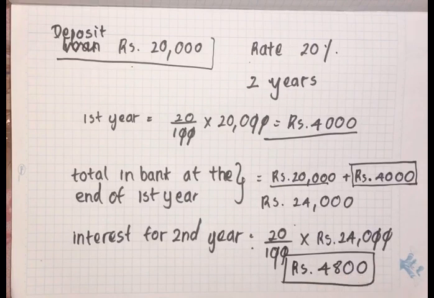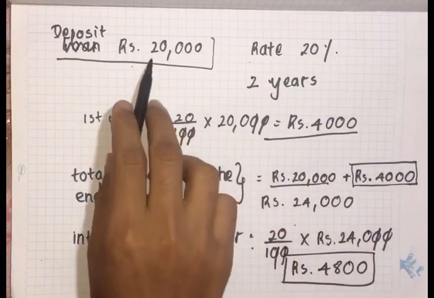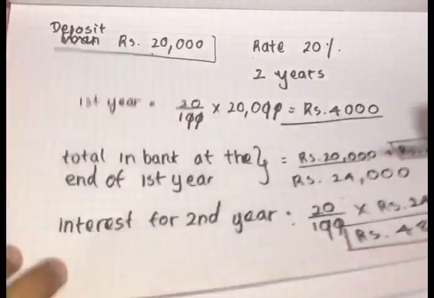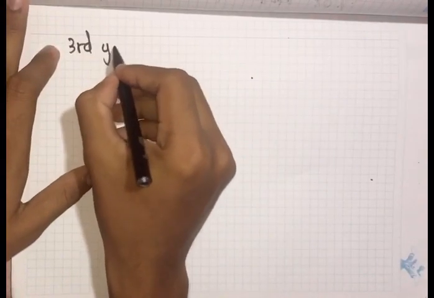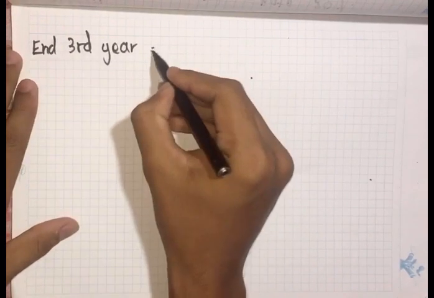Now say you are going to find the interest for the third year, then how do you solve? Now you have to find what is the total amount in the bank at the end of the second year. Then you have 20,000 plus 4,000 plus 4,800. Okay, let me solve that. I'll say end of third year. Now how much do you have?